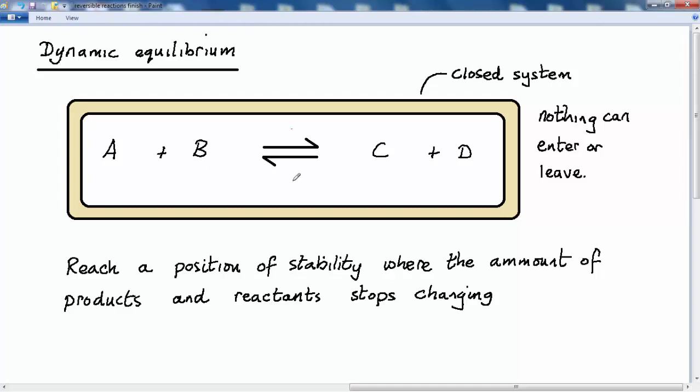What that means is that when dynamic equilibrium is reached, the substances are still reacting with each other. A is still reacting with B and C is still reacting with D, but they're doing so at exactly the same rate. So the forward reaction is taking place at the same speed as the reverse reaction.